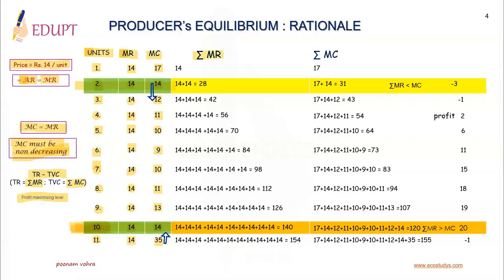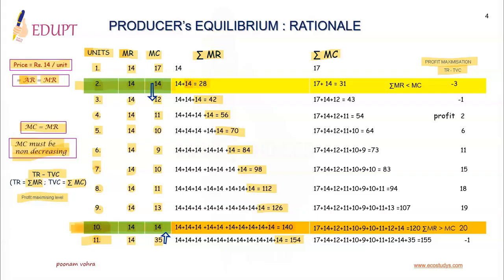So one finds the summation of marginal revenue and the summation of marginal cost in order to find the profit maximization level. The summation of marginal revenue can be estimated by adding rupees 14 at each level of output sold. The maximum marginal revenue earned is when 11 units are sold in the market.